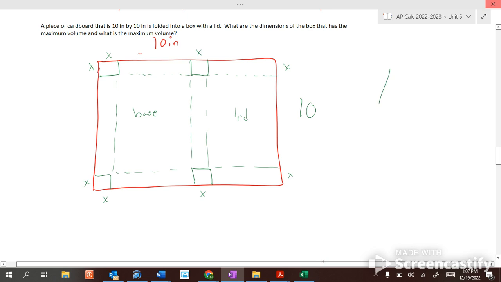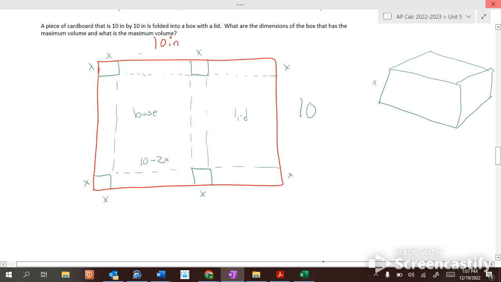Because if we draw the box, our heights are X. Okay, so what's the base of the box now? Well, it was 10 all the way across, but we subtracted how many X's?